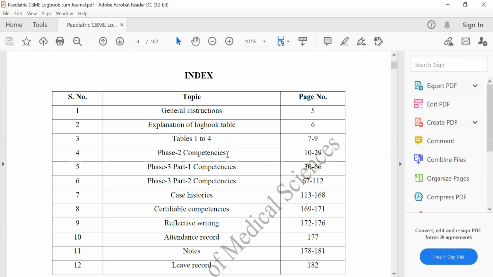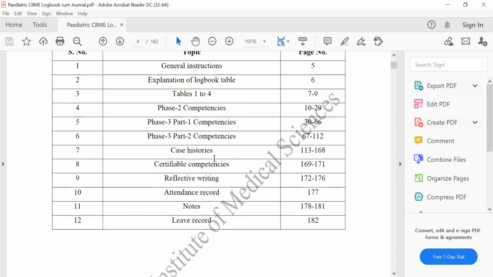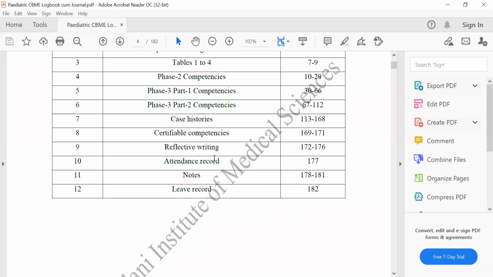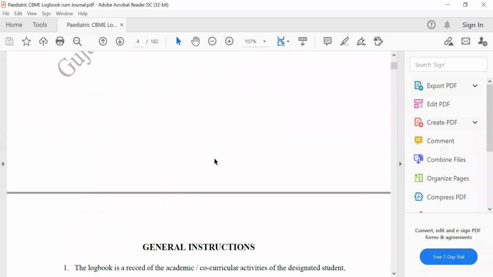According to that, I have divided the competencies, and then some case histories, and then the certifiable competencies I have mentioned, and then reflective writing, then the attendance record, and the notes and leave records in this logbook.